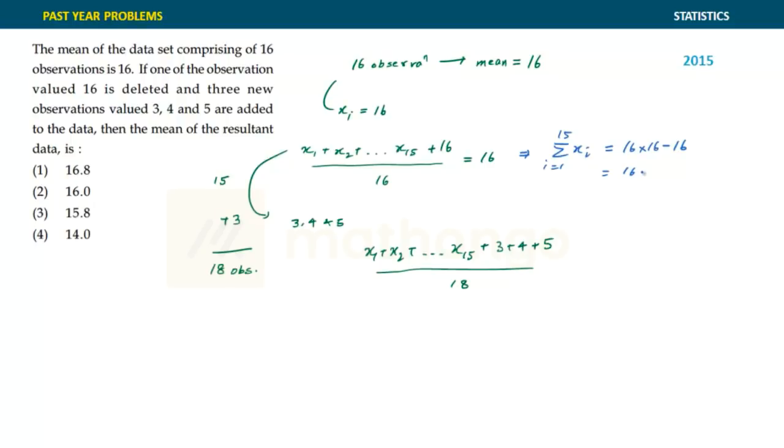Just solve this now and you will get the answer 240. Just put the value here, because this is the mean which we wanted to find. So it is 240 plus 12, by 18. This comes out to be 252 by 18, which is exactly 14. So 14 is the answer.